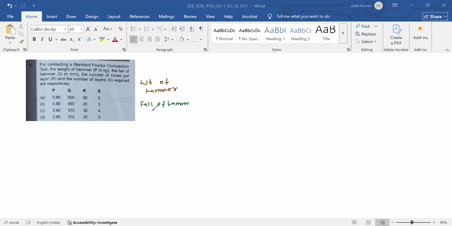fall of hammer in mm. Third is number of blows per layer.